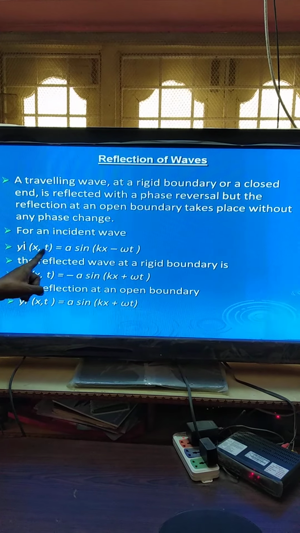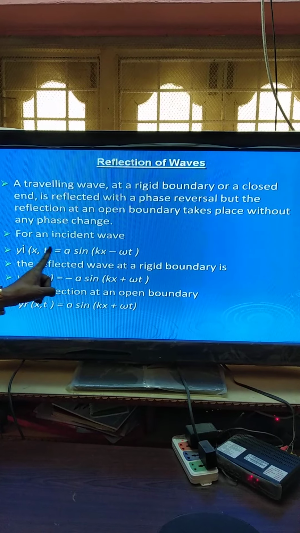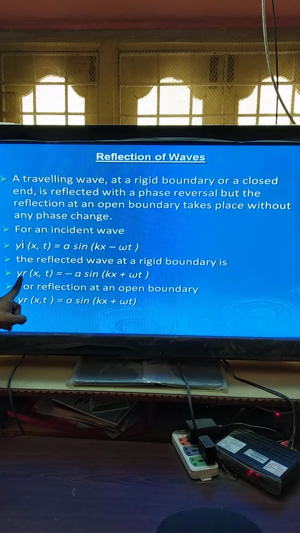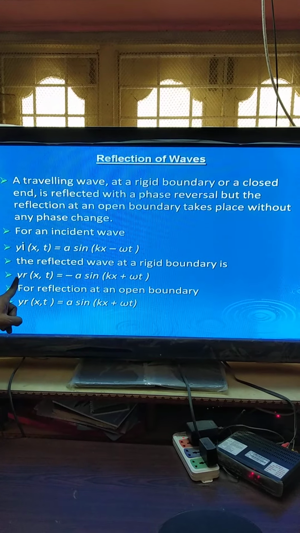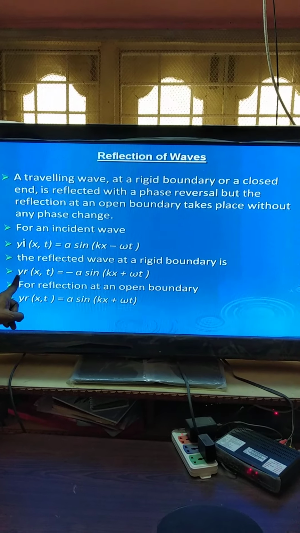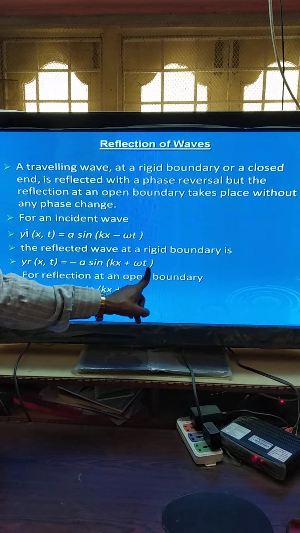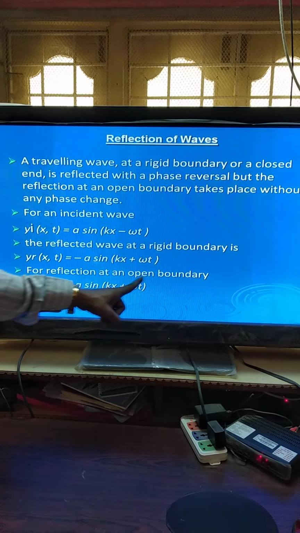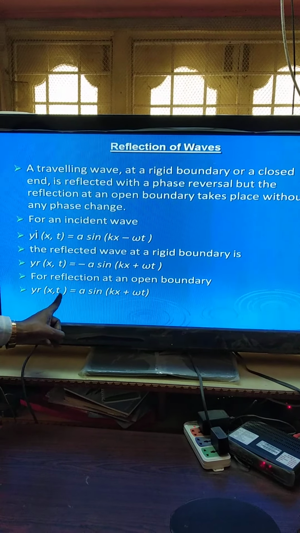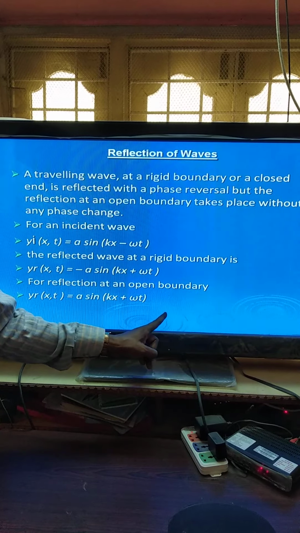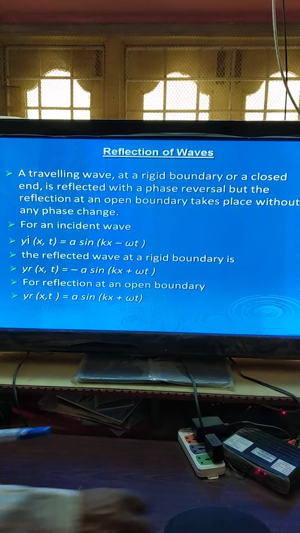So if yi is this much, then the wave reflected at a rigid boundary is given by yr(x,t) = −a sin(kx + ωt). And for reflection at an open boundary, yr(x,t) = a sin(kx + ωt).